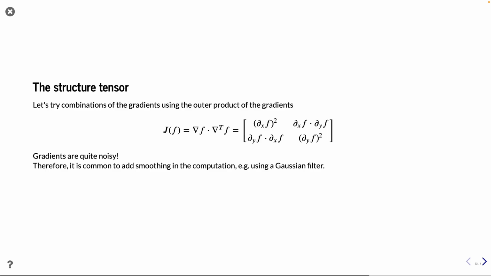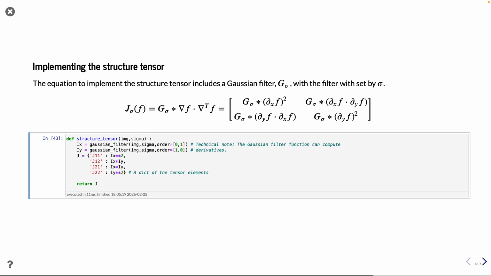Another more robust approach is to compute the structure tensor, which is actually all the gradients combined. And again, here we come into the problem that the gradients are very noise sensitive. So what we do is we also here apply a Gauss filter to smooth it a bit.